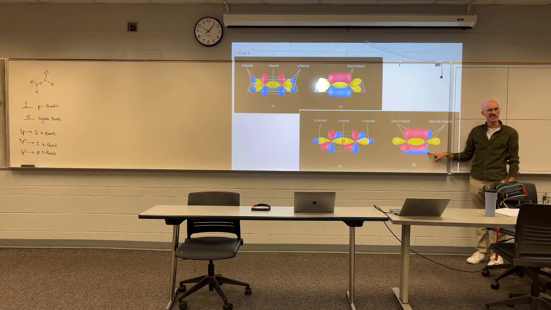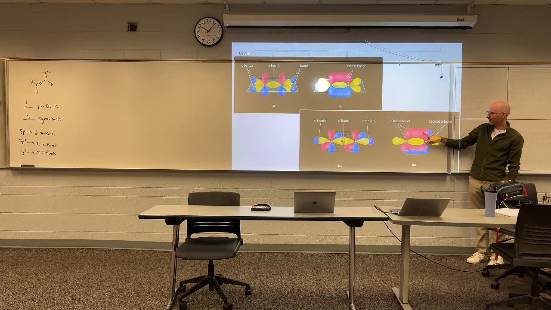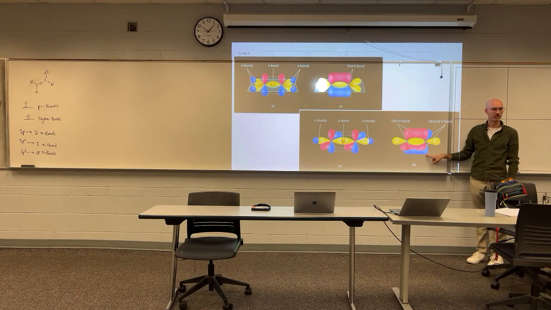Like, can you easily tell which red lobe belongs with which blue lobe? No, not at this juncture. But you get familiar with this shape, this ballooned out p orbital, and that's what a pi bond looks like.